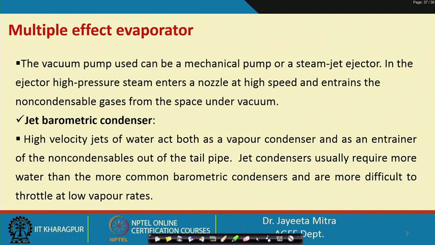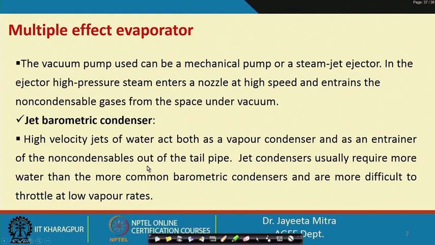Okay. Now, the vacuum pump that is used can be a mechanical pump or a steam jet ejector. In the ejector, high pressure steam enters a nozzle at high speed and entrains the non-condensable gases from the space under vacuum.